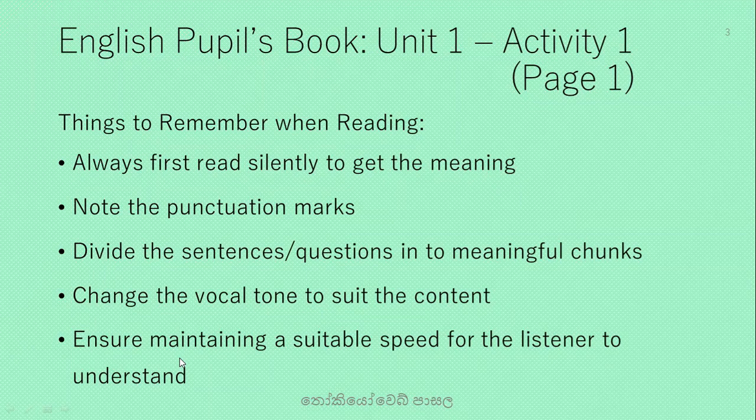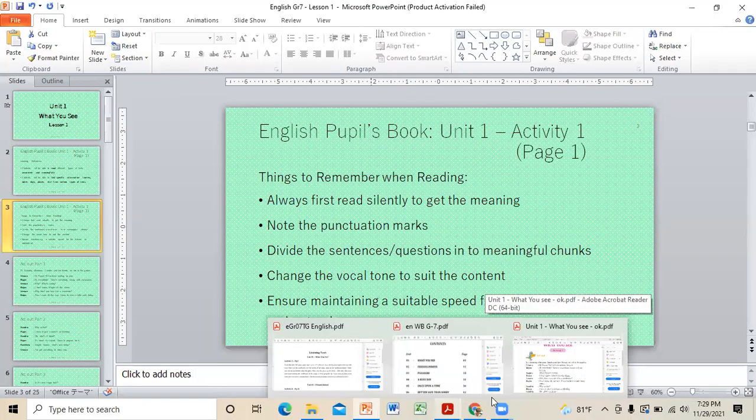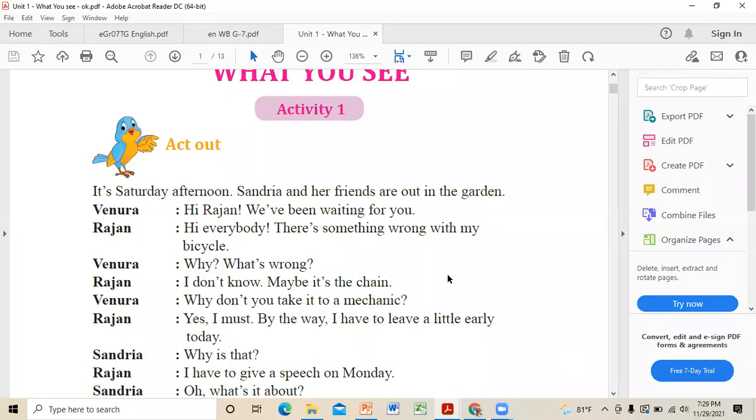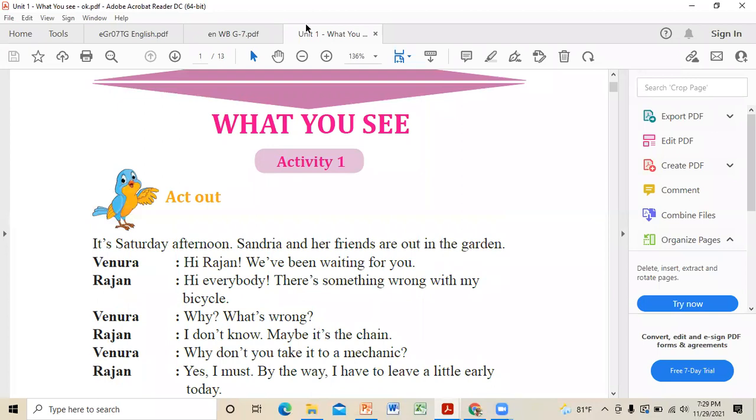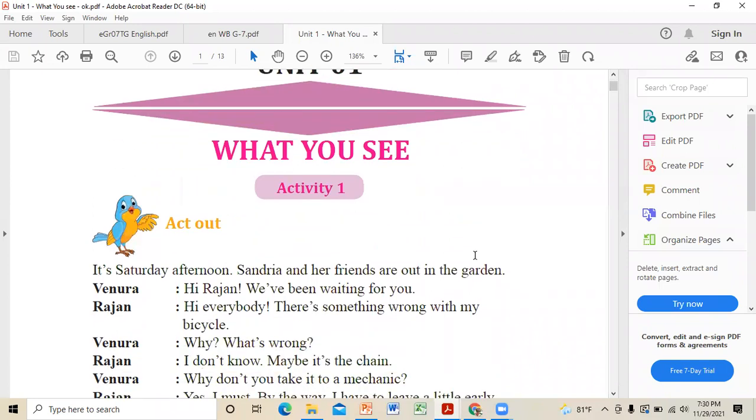So now I think all of us are ready to go to the activity 1, right? So I will take the textbook, right? This is the pupil's book. I think all of you have it. So what is the first principle I told you? Now we are going to read it.